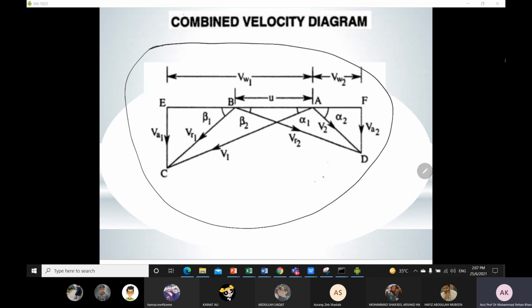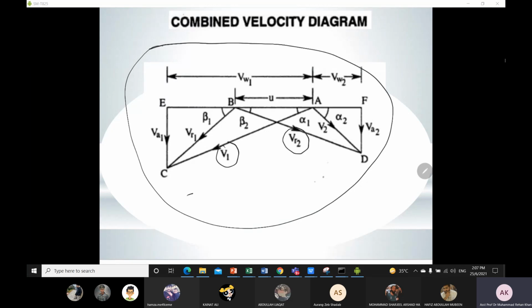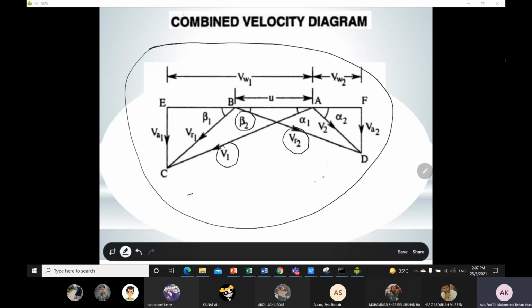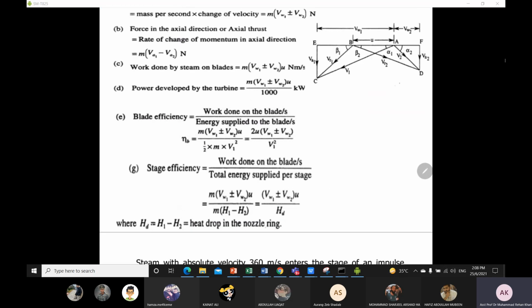You have to draw them using scales, and by measuring the length of each vector you get the velocity, and by measuring the angles you get beta or alpha, whatever the angle is. But in this course I will try to provide all the data with the diagram, so you just have to use the specific formula to find a specific parameter. I will make things easy for you rather than more complex.